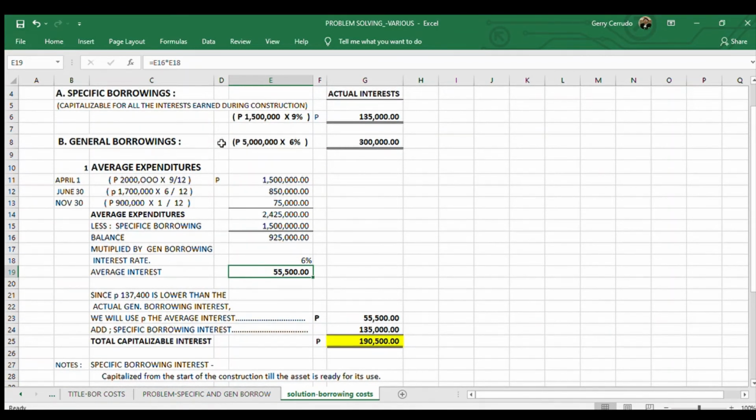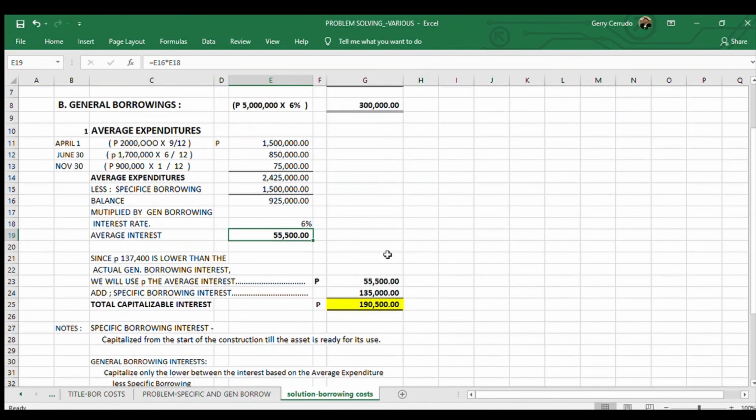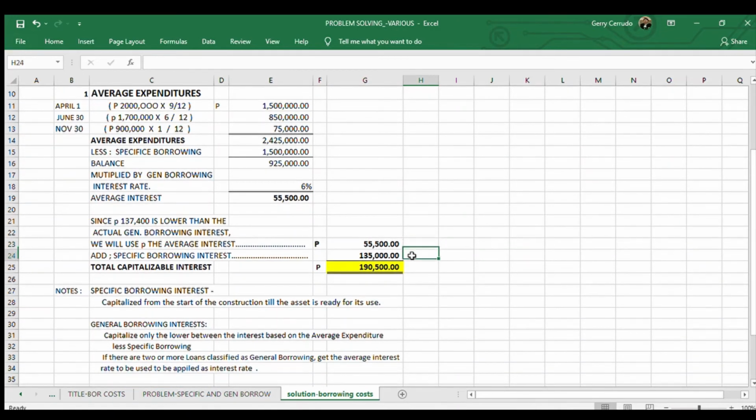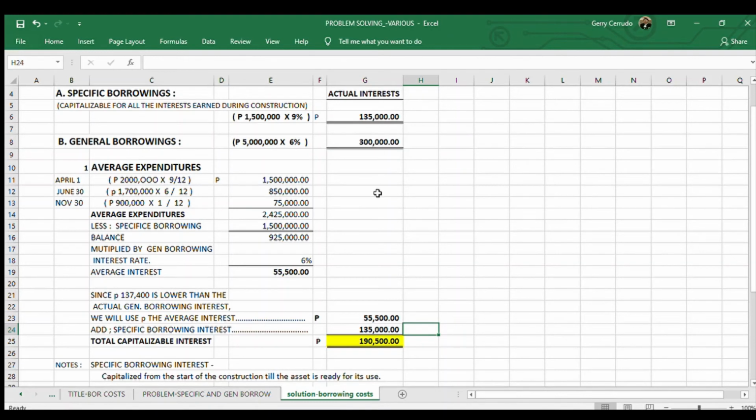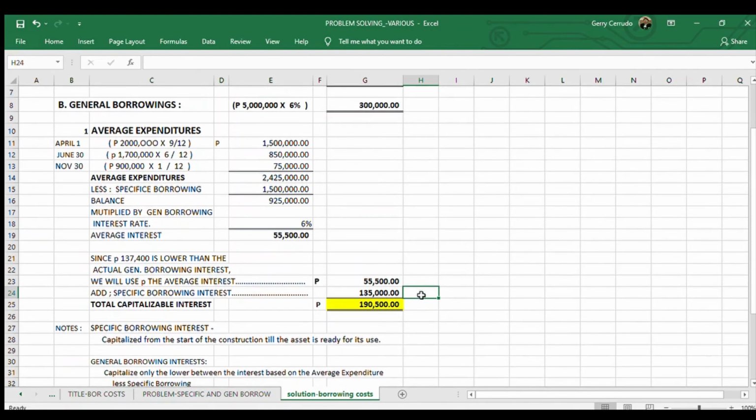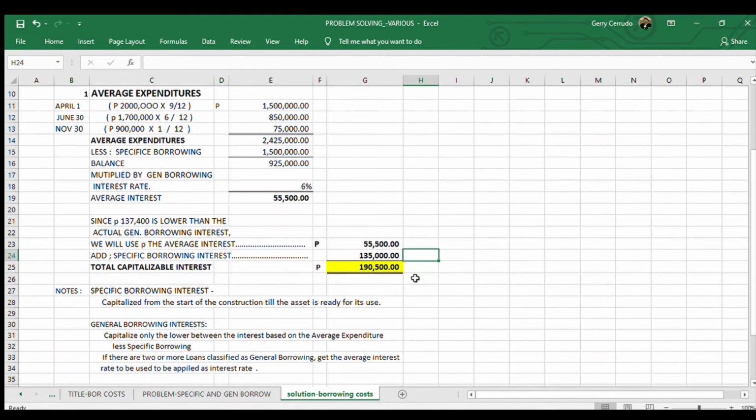So ang actual interest ng general borrowing 300,000, ang iyong average interest is 55, definitely yung lower ang gagamitin mo. Tapos, you just add the interest coming from this specific borrowing. So, no problem. We just add.